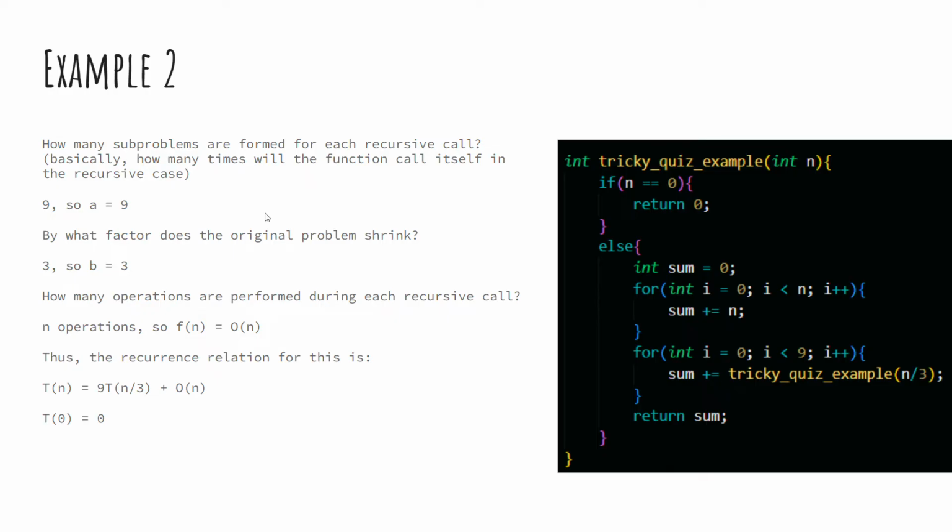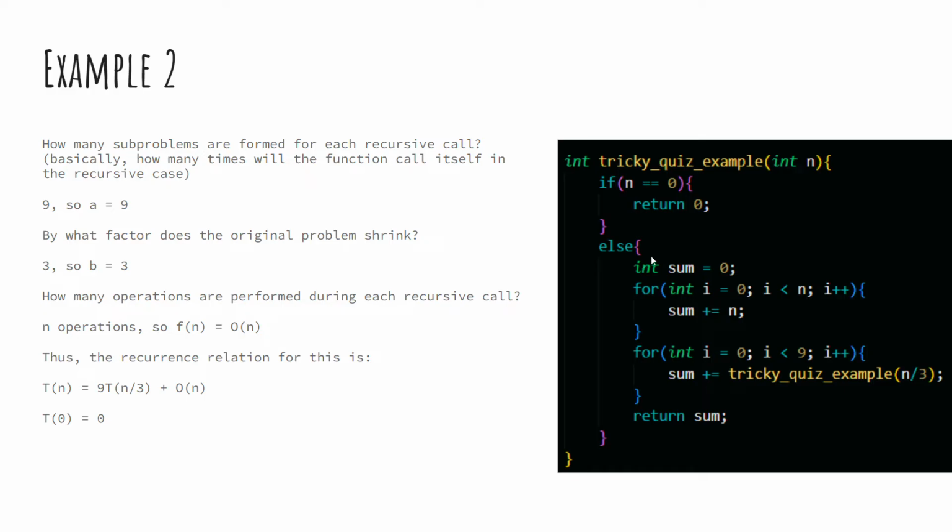Alright, let us look at another example. This is one of the examples from your quizzes. We have an integer n, and if n is equal to 0, we return 0.